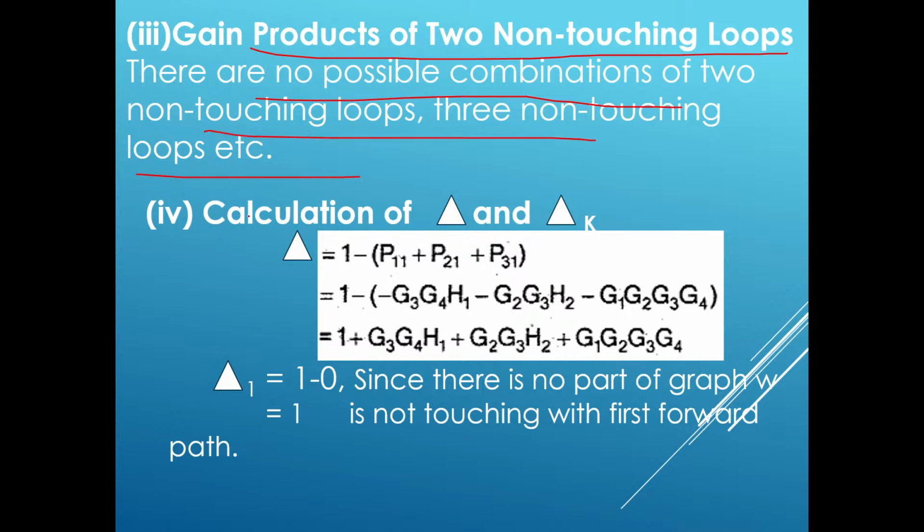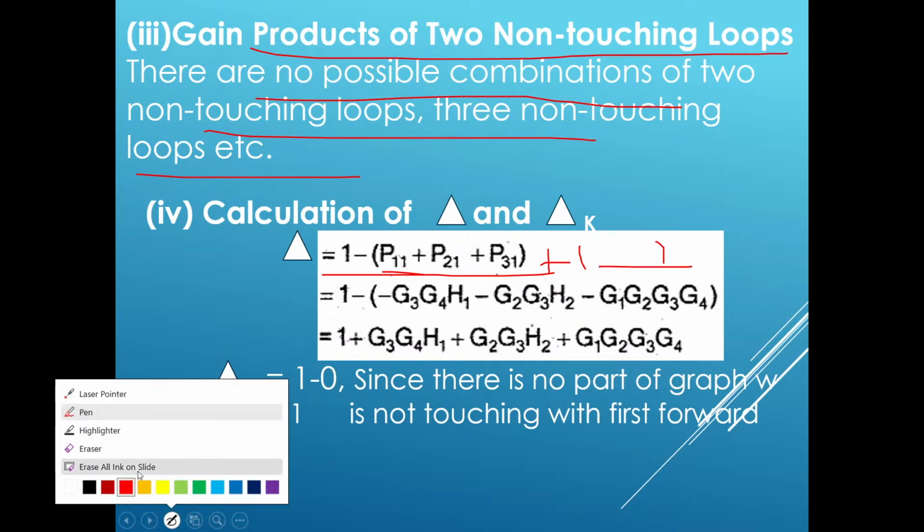Now let us calculate delta and delta k. How many forward paths are there? Total only one forward path, so k is equal to 1. Now what about delta? Delta is equal to 1 minus the sum of the loop gain values plus the sum of the combinations of non-touching loop gain values. There is no combination at all, that's why I didn't write anything here.